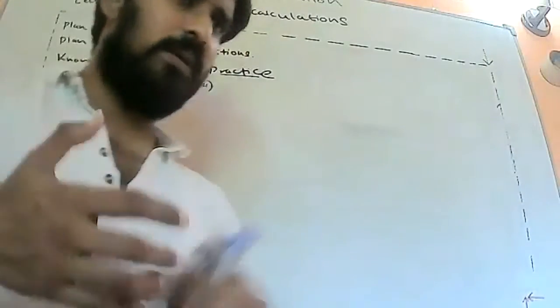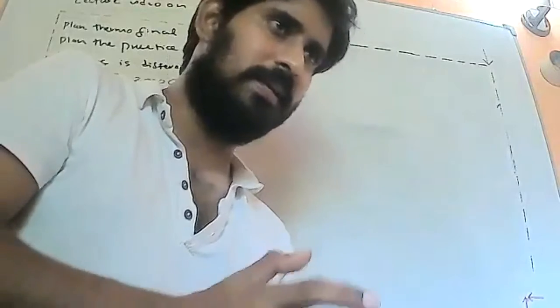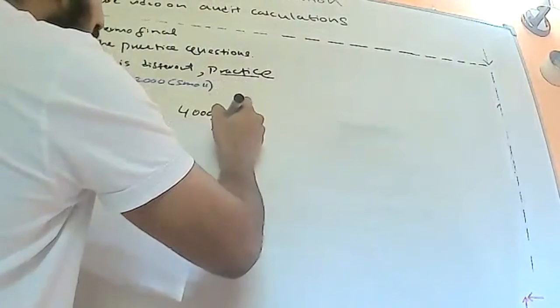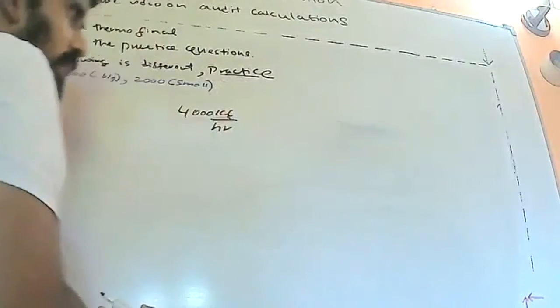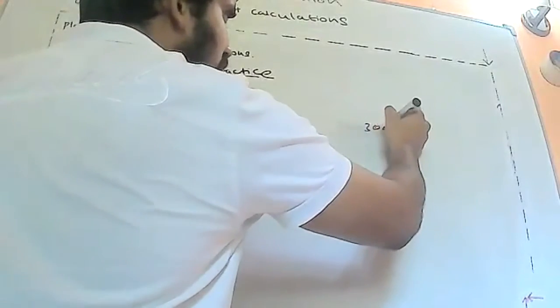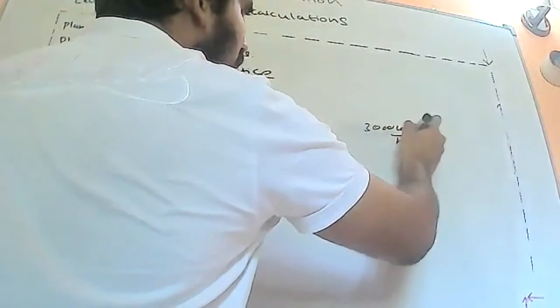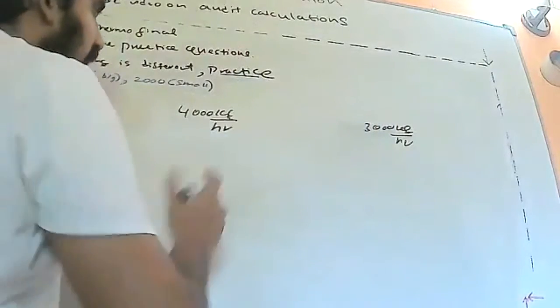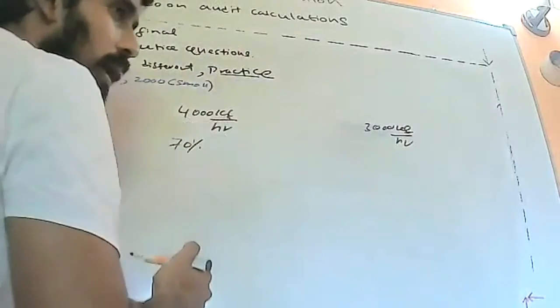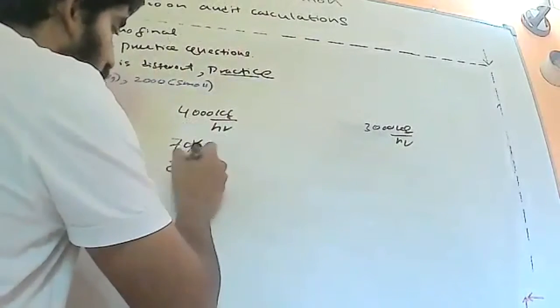Okay, so now we are going to evaluate the boiler thermal efficiency at 75% of full load. So now we know there are two cases basically. Case one is the 4,000 kilograms per hour full load scenario, and the next case is 75% of it, which is 3,000 kilograms per hour. So now we know it is given to us that the boiler thermal efficiency in this case is 70%, and the surface loss percentage is 2%.